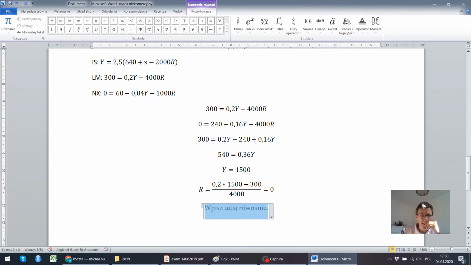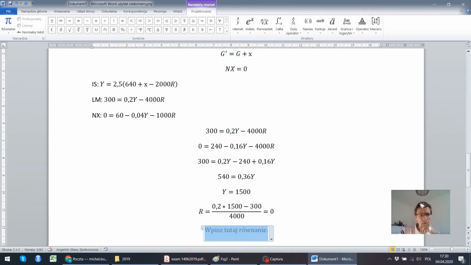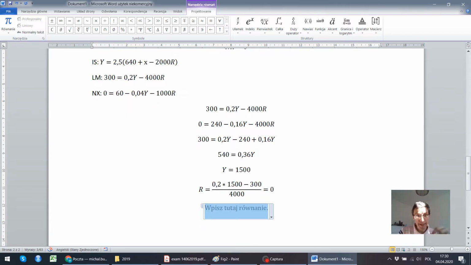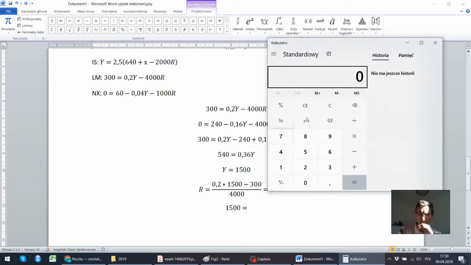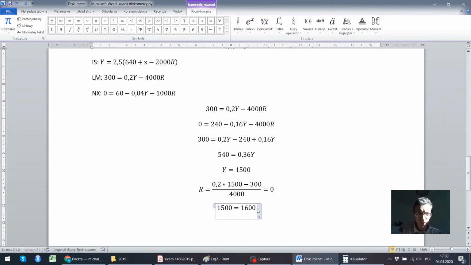And the last thing that has to be computed is this change in governmental expenditures. This is exactly what we are asked to do. So we can compute it from the first equation, knowing that on the left-hand side we have 1500, on the right-hand side we have 2.5 times 640, which is 1600, plus 2.5x minus 2000r, but we know that r is equal to 0, so we don't care.